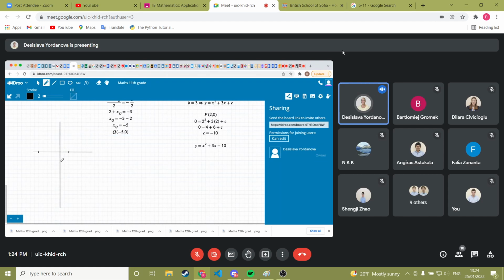The vertex is at -1.5 and equals -12.25, so the vertex is somewhere here.